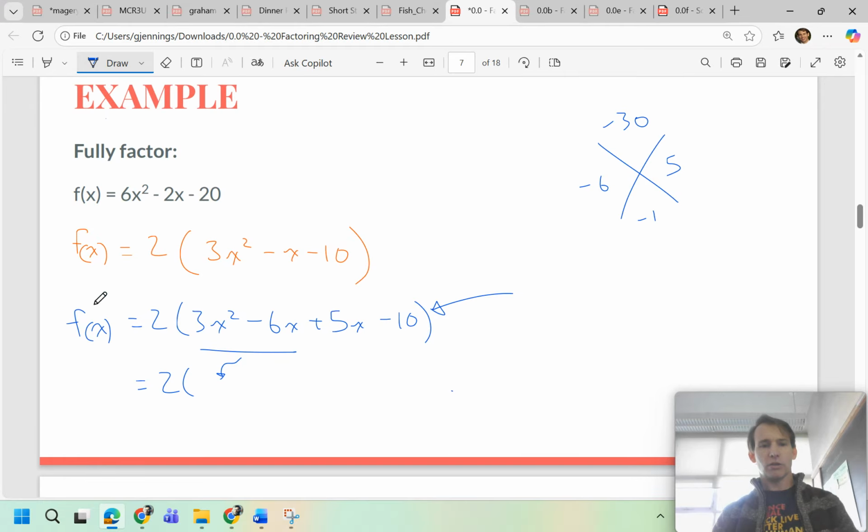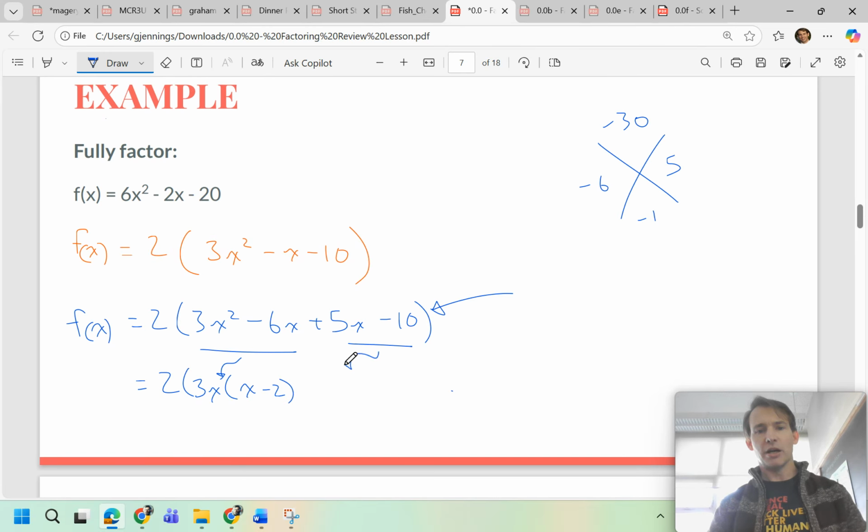So 3x squared minus 6x has a common factor 3x, and that would multiply by x minus 2. And then this group here has a common factor 5, so we are plus 5 multiplied by x minus 2. And I end that little factors bracket, and then I end this bracket here. So all of the brackets are keeping everyone well behaved.